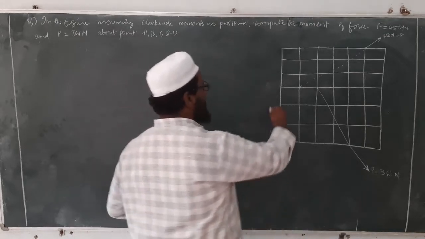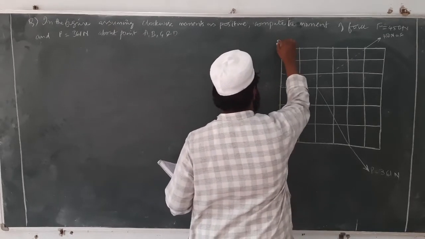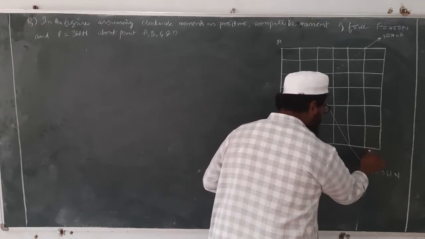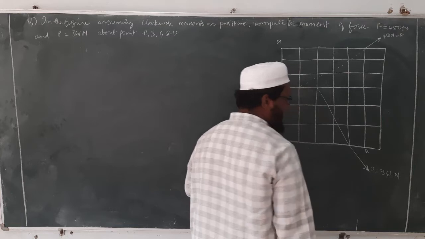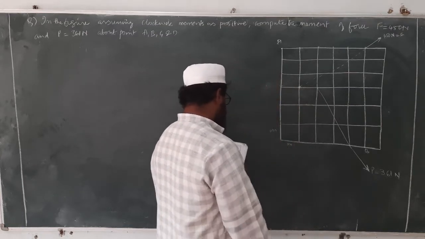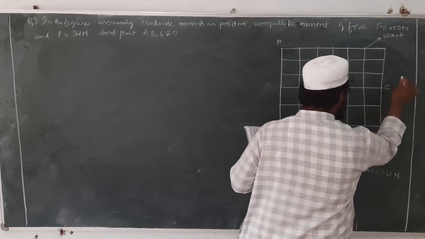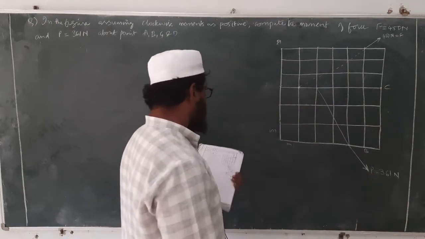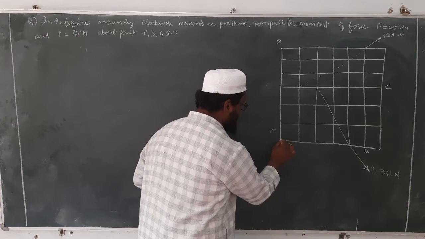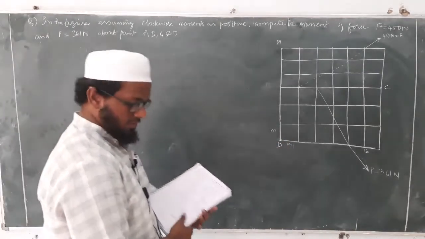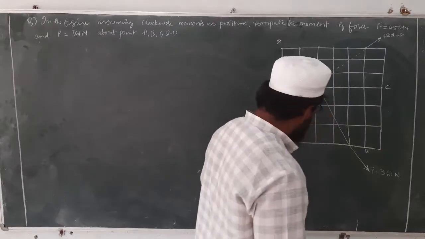Okay, and again after this one they have given us this point A, then this point as B, exactly this point is C, and the last one is D. So this is the thing given in the question.